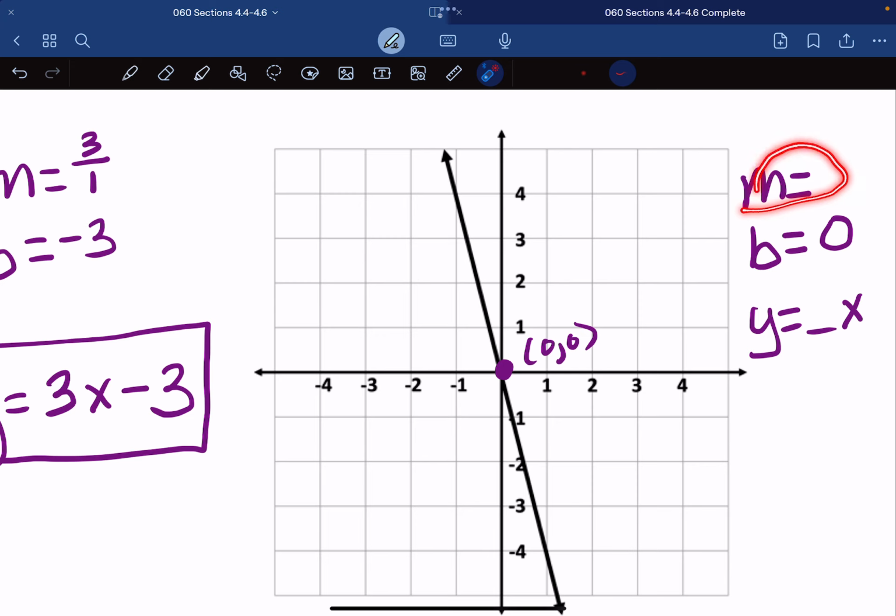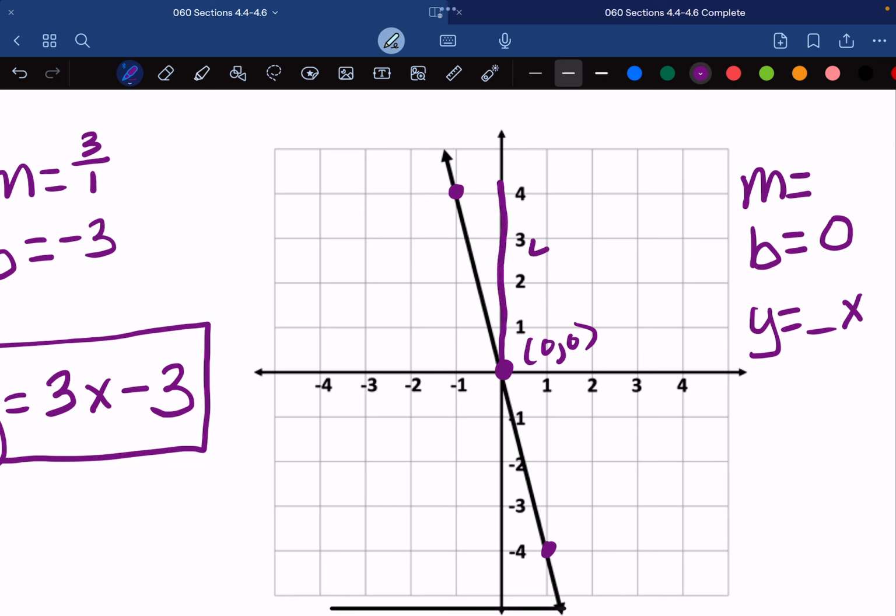And my slope, looks like I could have 2 points to choose from again. That one would be a good one, and this one would be a good one. And this line is going up and to the left, so I know I should have a negative slope. I'm going to use this point here.